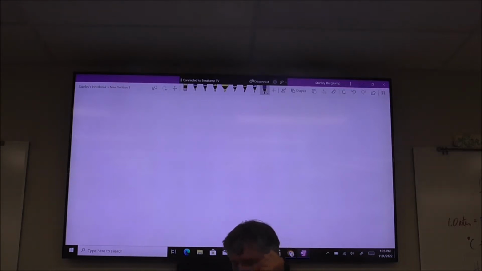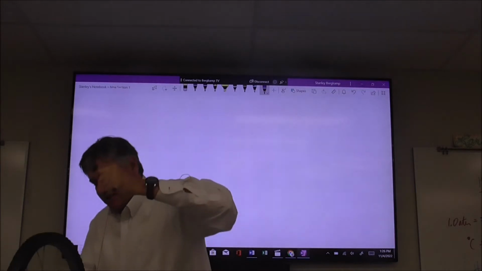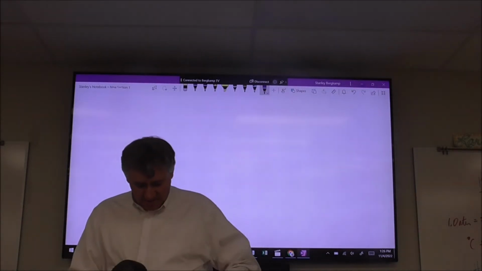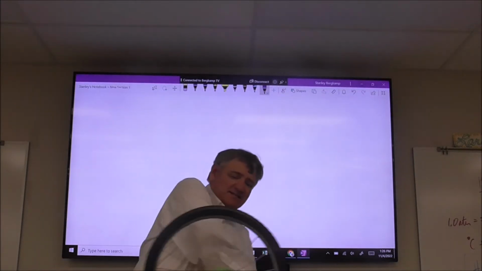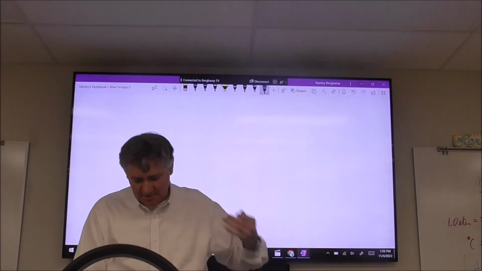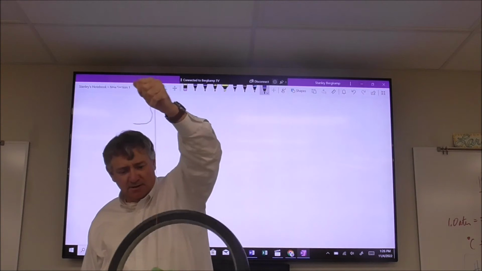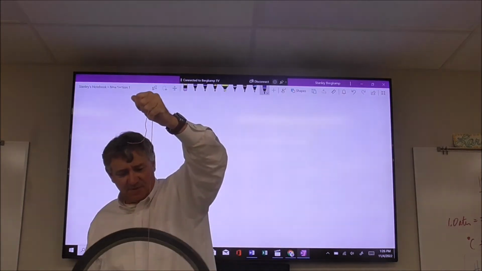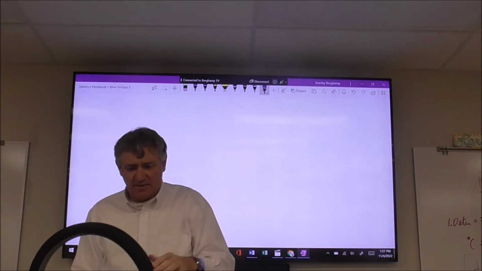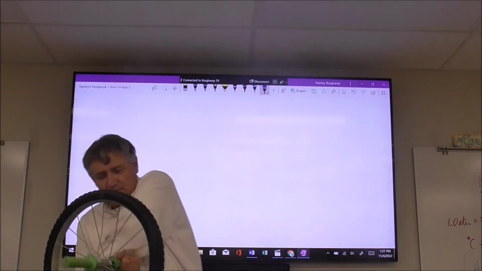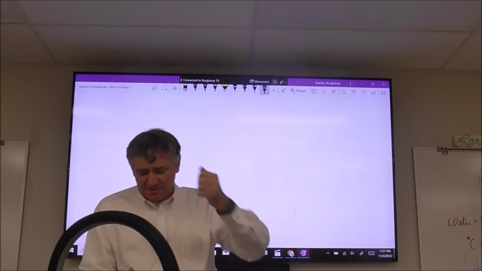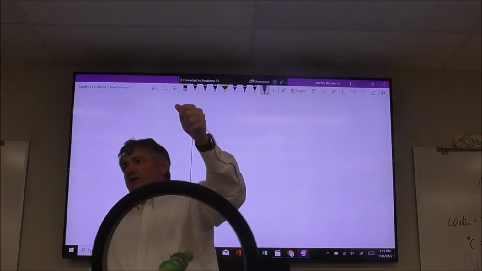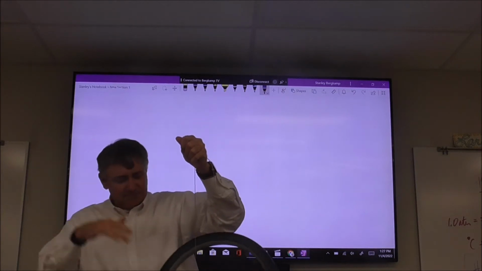If I just hold this up like this, okay, and let go of it, it does exactly what you would expect it to do. But if I get it spinning, okay, and then hold it up, then it stays up like this. And if I spin it in the opposite direction, oddly enough, it goes round in the opposite direction, but still stays up.